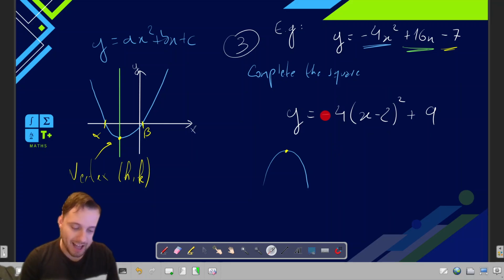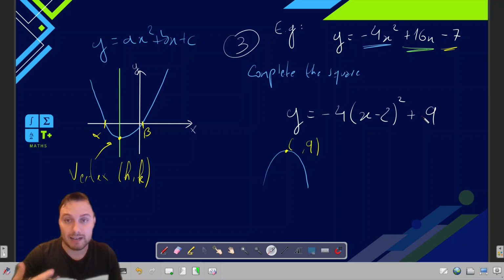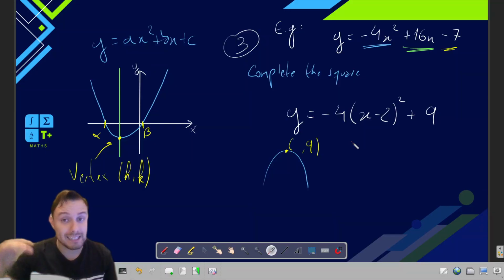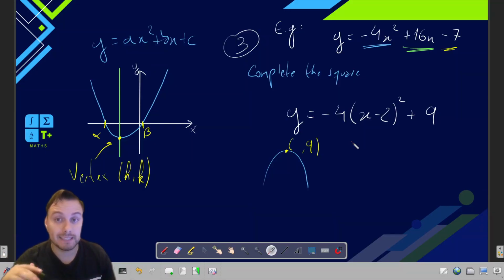So the highest value that this can take is 9. If I look at this in my y-axis, the highest value is 9, because anything positive here gets multiplied by a negative. 9 plus a negative is always less than 9.